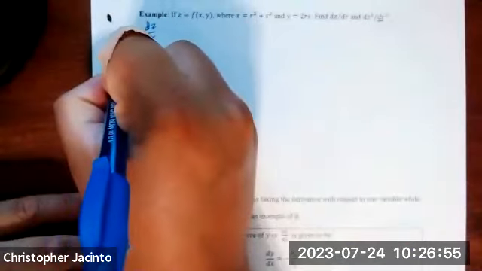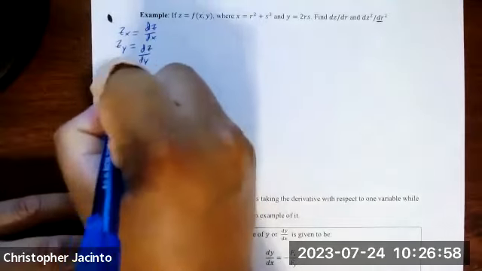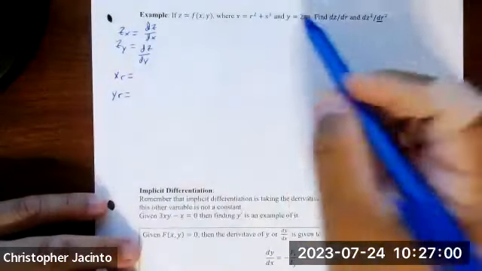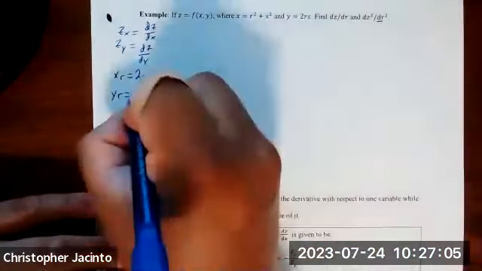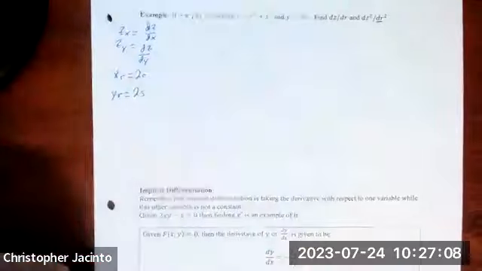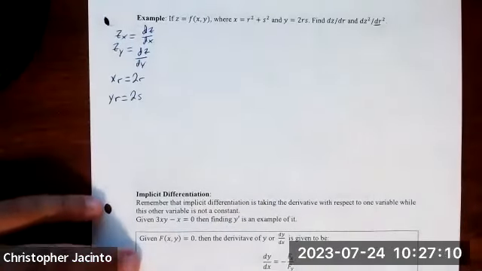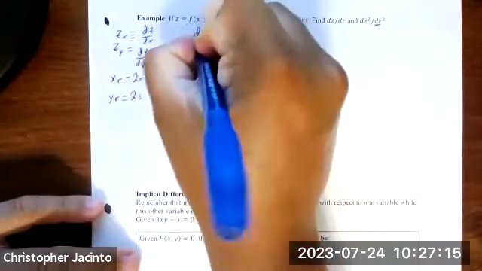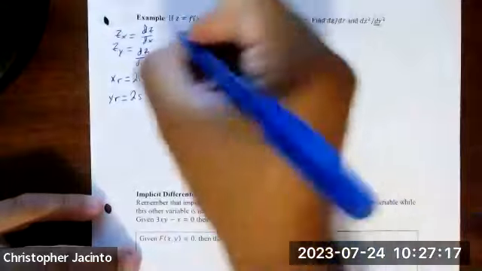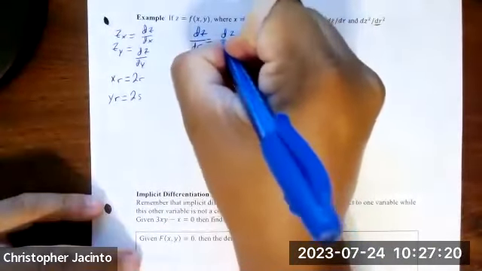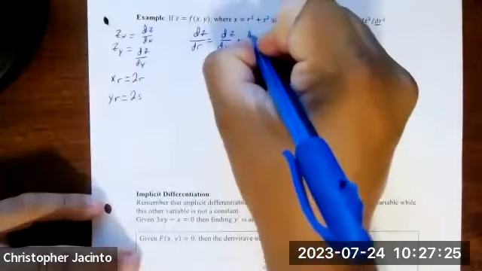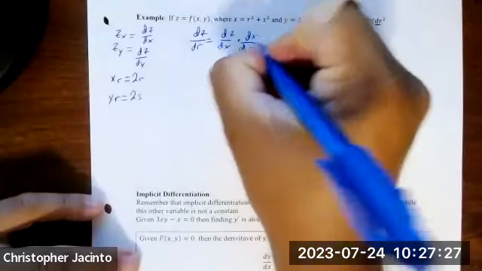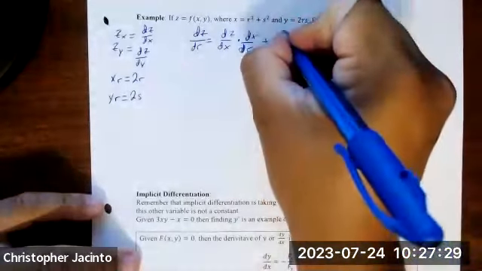Now we take the derivative with respect to r of the x and y components. So this is just going to be 2r, and this is going to be 2s. All right, so we did this earlier. So dz dr is equal to this times dx dr. I'll write the general rule, then I'll plug in the numbers right now.